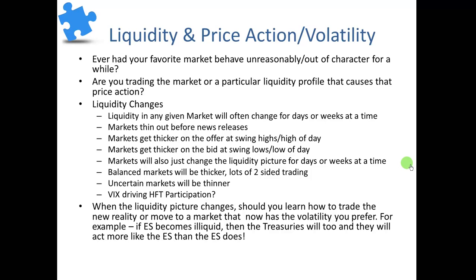When it gets above 20 to 25 on the VIX, the next day you will see 60% of the liquidity on the ES get pulled. So the liquidity picture is changing all the time, and some of it you can predict, like the news, highs and lows of the day, and VIX spikes, and some of it you can't.